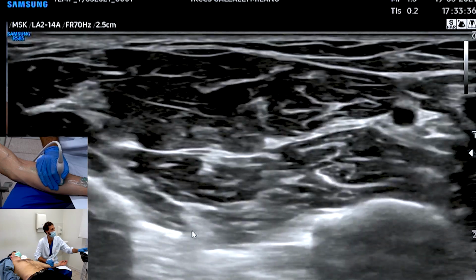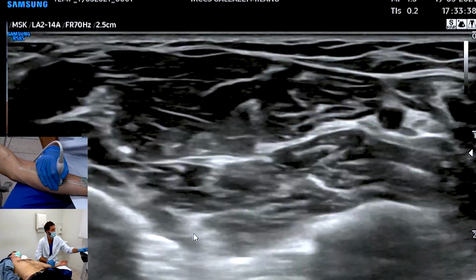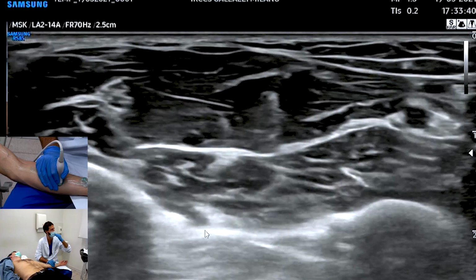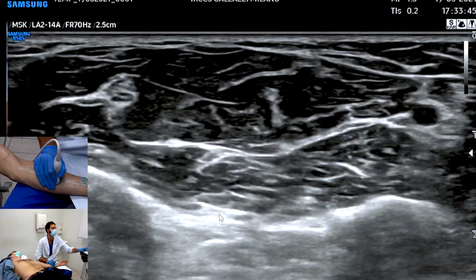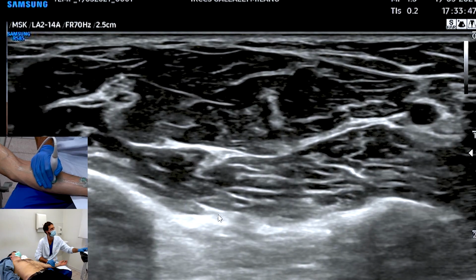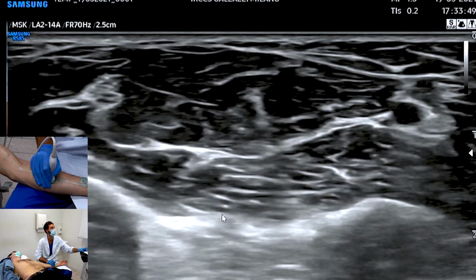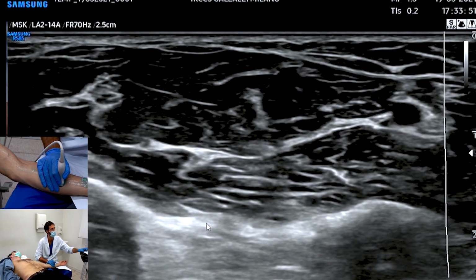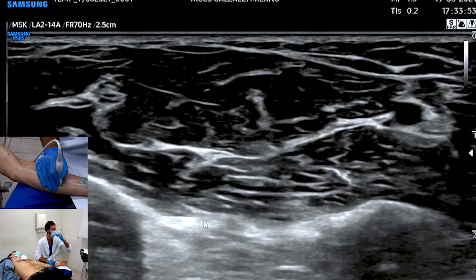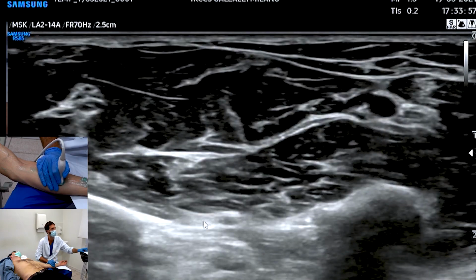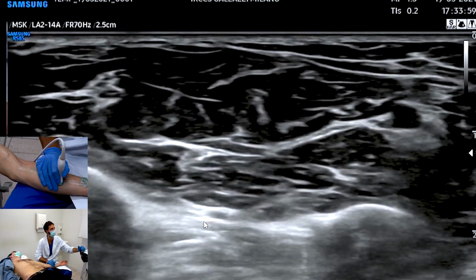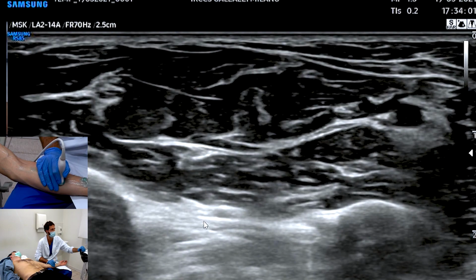This is an important branch of the median nerve because it provides motor innervation to the radial aspect of the flexor digitorum profundus muscles, to the flexor pollicis longus, and the pronator quadratus. So when we have entrapment of this nerve, we should evaluate the trophism of these muscle bellies.